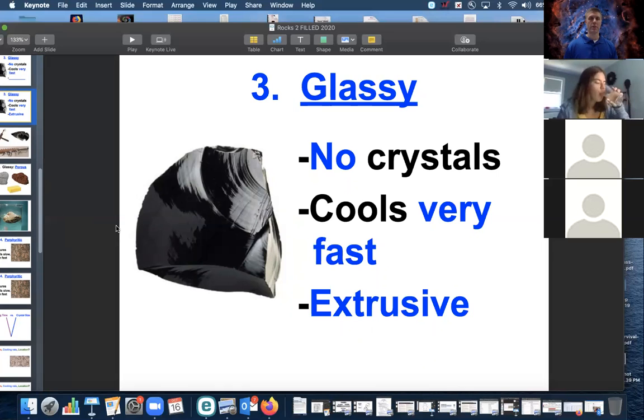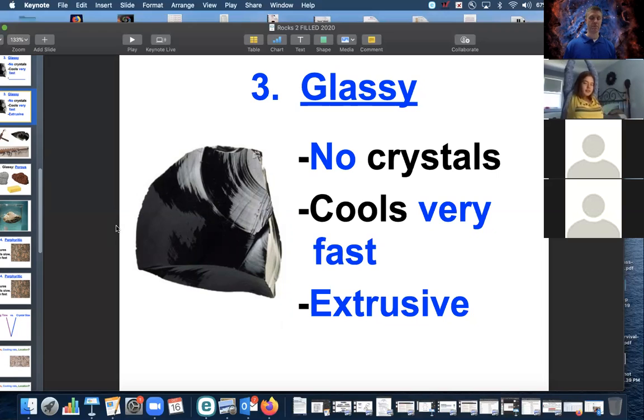Does anybody know what we call this volcanic glass? Anyone? Starts with an O. So we call that obsidian.